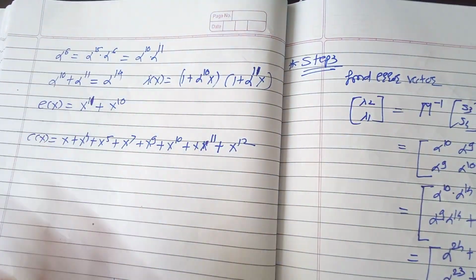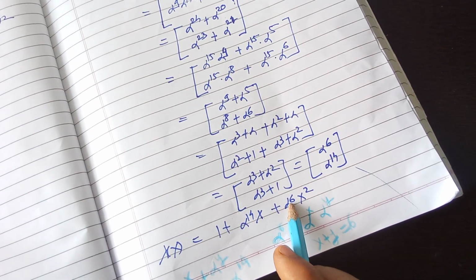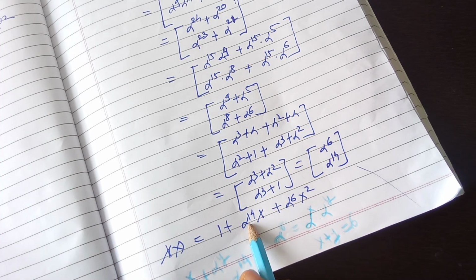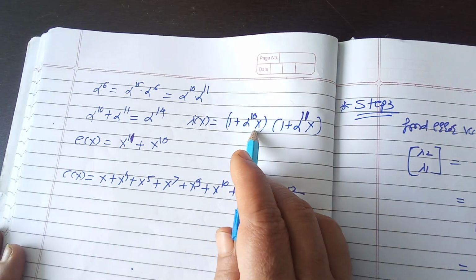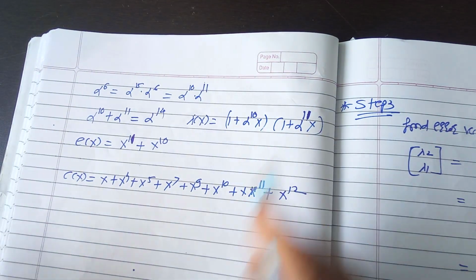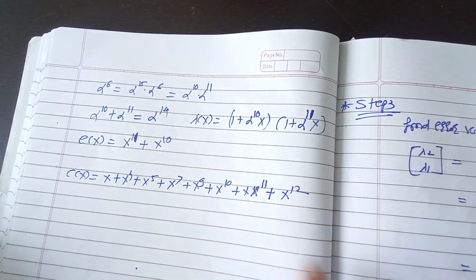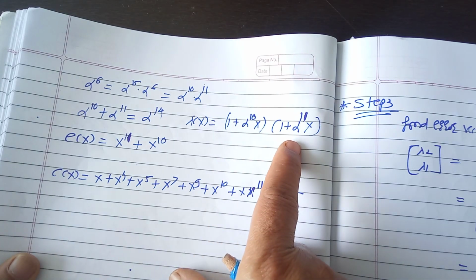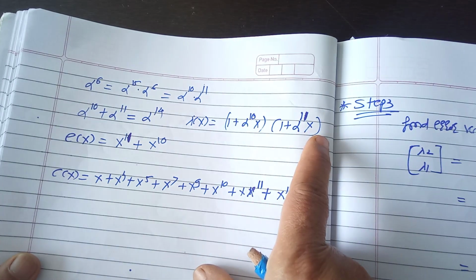So then after that, you got alpha 6 expressed as alpha 10 into alpha 11, whose addition alpha 10 plus alpha 11 is equal to alpha 14. So you have to write it as lambda x is equal to 1 plus alpha 10x plus alpha 11x. Instead of 1 plus alpha 14x plus alpha 6x square, you can write it as 1 plus alpha 10x plus alpha 11x.